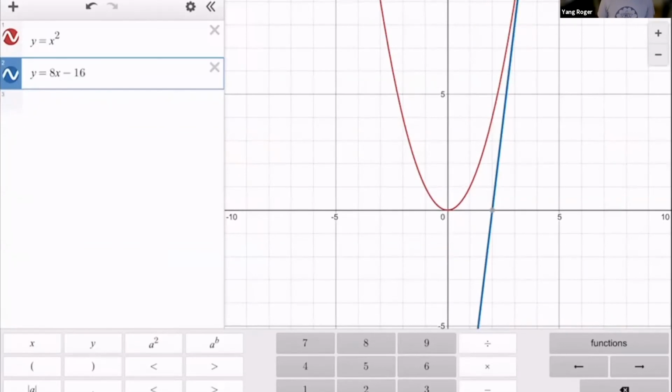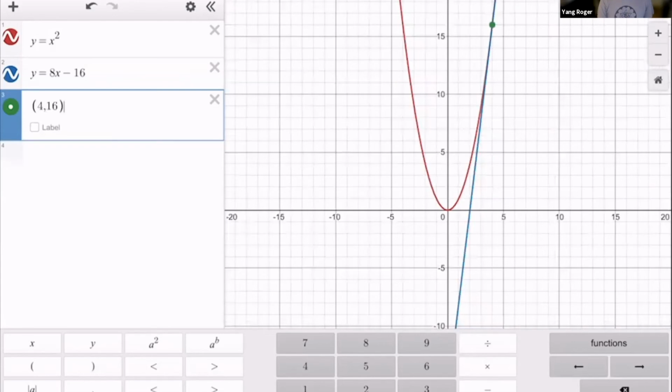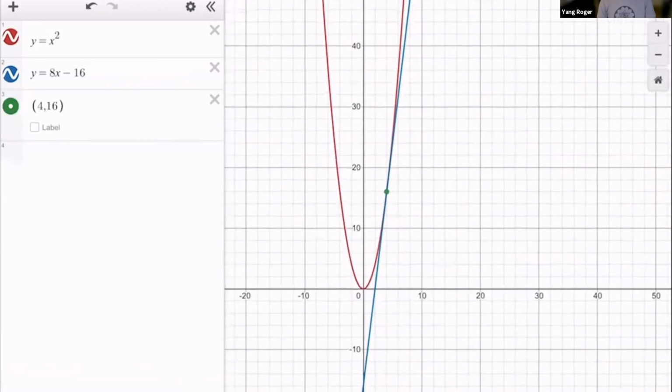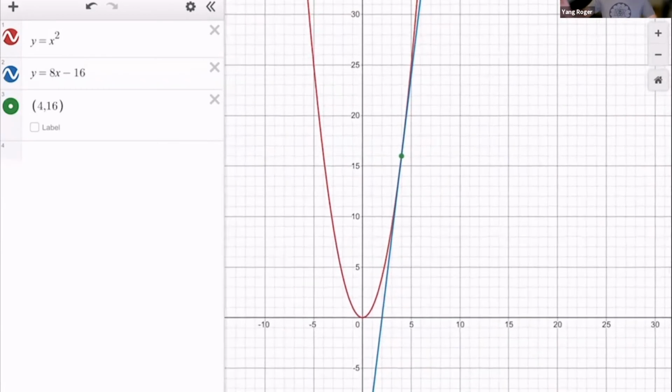And the point that we were looking at was (4, 16). Okay, so let me zoom out a little bit. I don't know how well you could see, but the red curve is our function. That green dot is the point where we're finding the tangent line. And then the blue line is the actual tangent line that we found. So looking at this picture, it looks like we did it correctly.